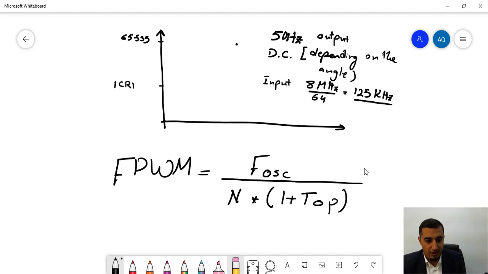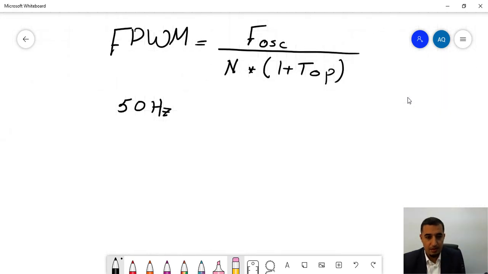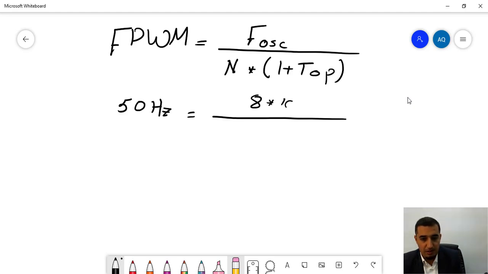What we know is that this is 50 hertz, and the frequency of the oscillator is equal to 8 multiplied by 10 to the power 6, which is 8 megahertz, divided by n, which we chose as 64, multiplied by 1 plus top.